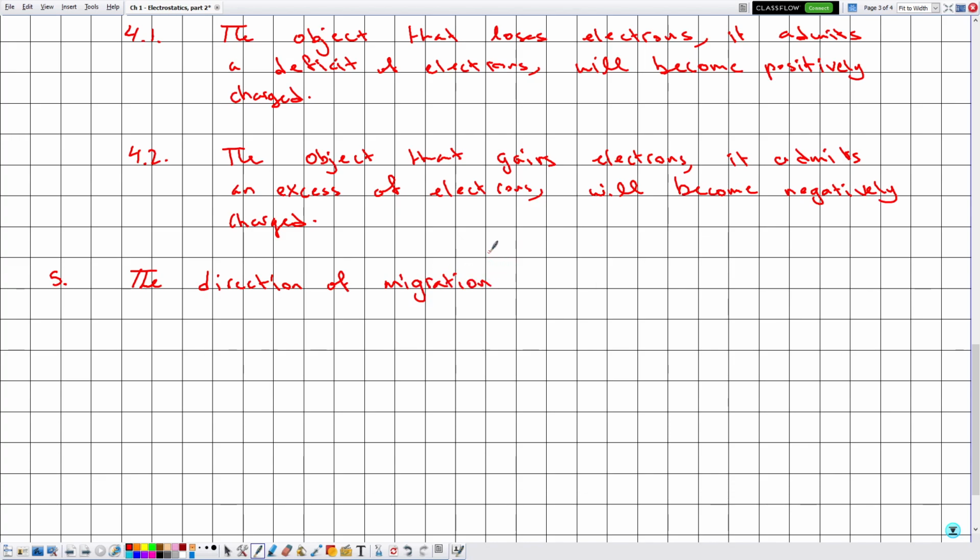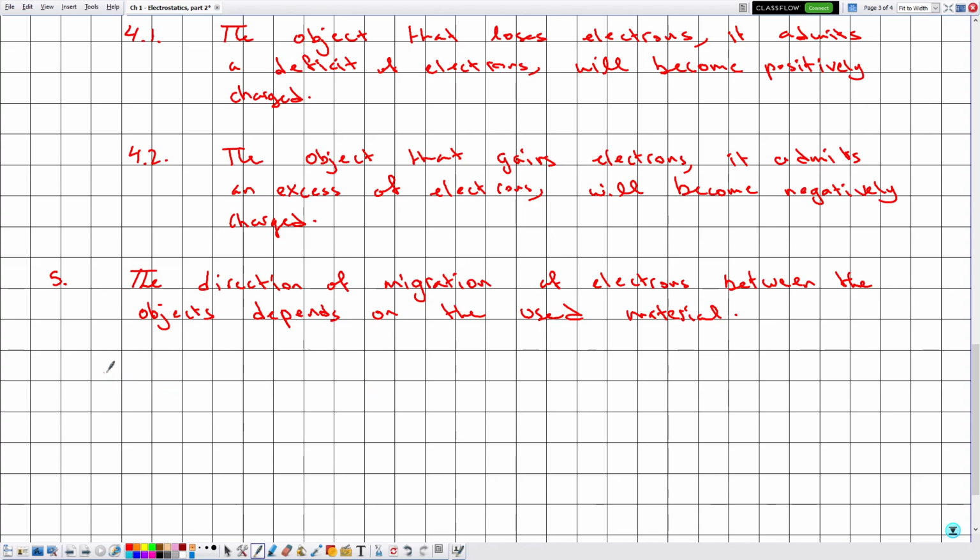And here when I say migration, we're discussing the loss or the gain of electrons between the objects. It depends on the used material, and this eventually will be given in the exercise itself.